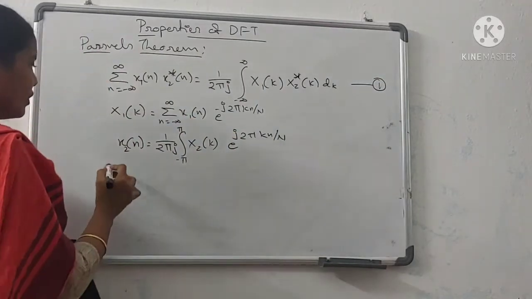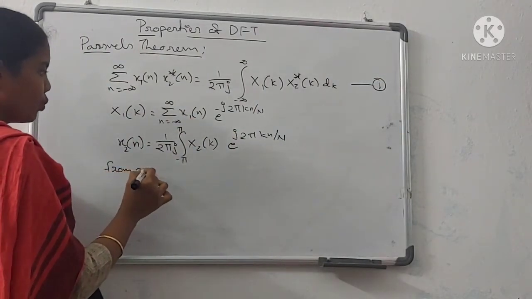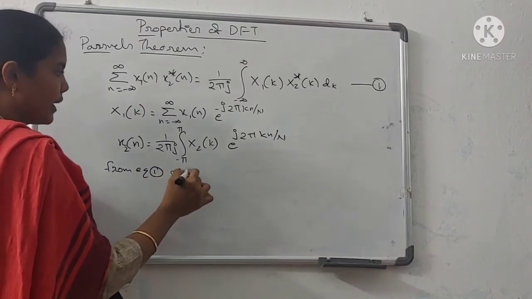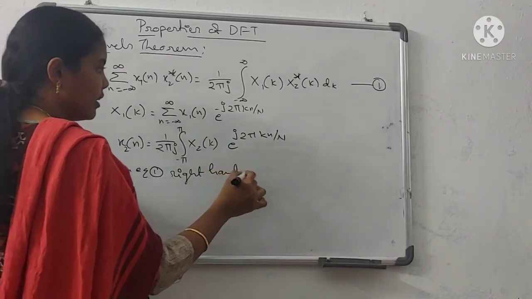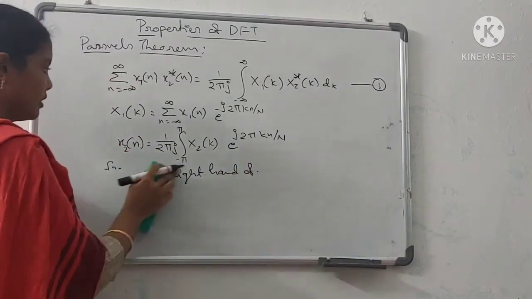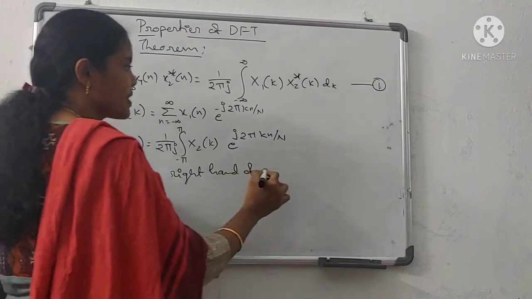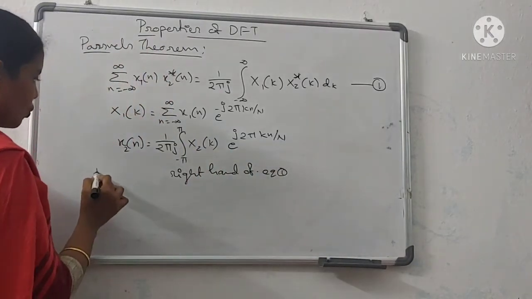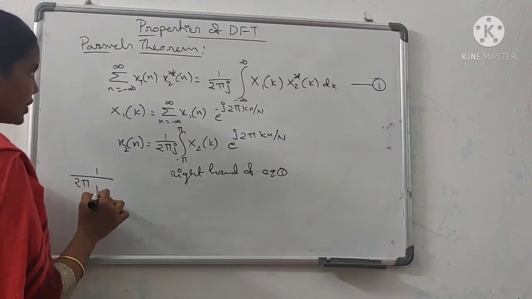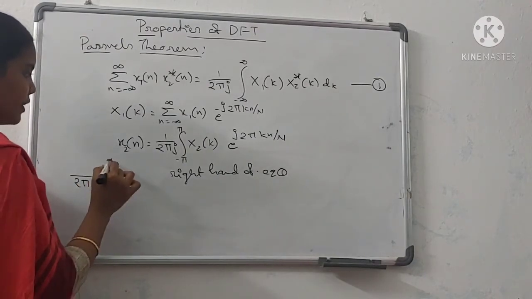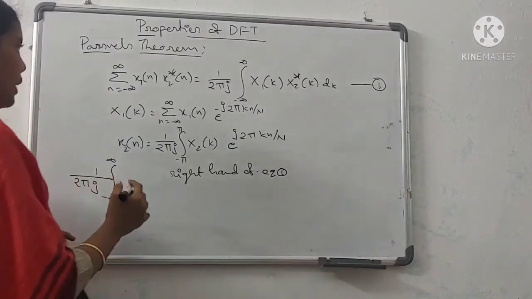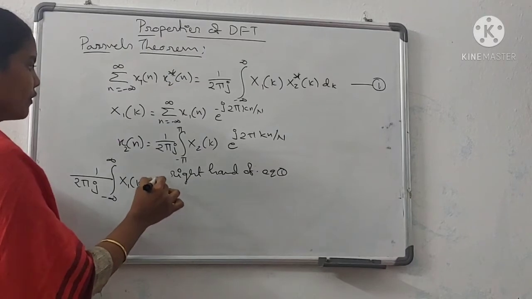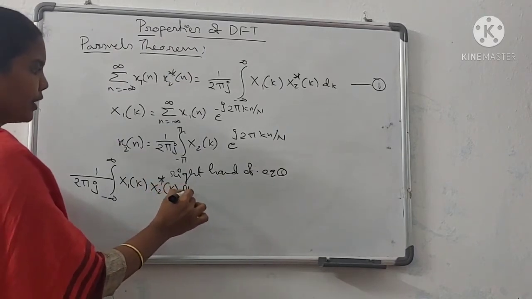Okay, so from equation 1, the right hand side of equation 1, that is what? 1 by 2 pi j integral, minus infinity to infinity, x1 of k into x2 conjugate of k dk.